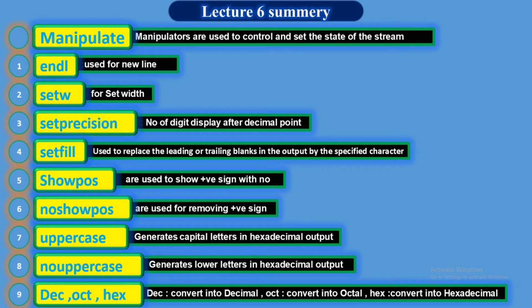We also have the manipulator dec that converts a number into decimal, the default value. oct, octal, converts a number into octal. hex converts a number into hexadecimal.